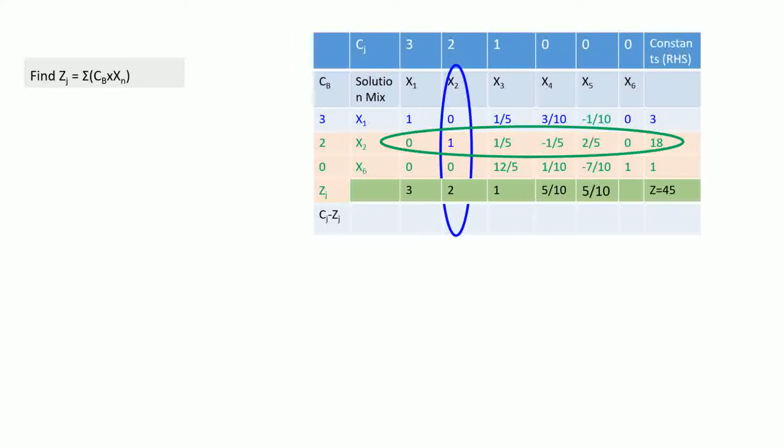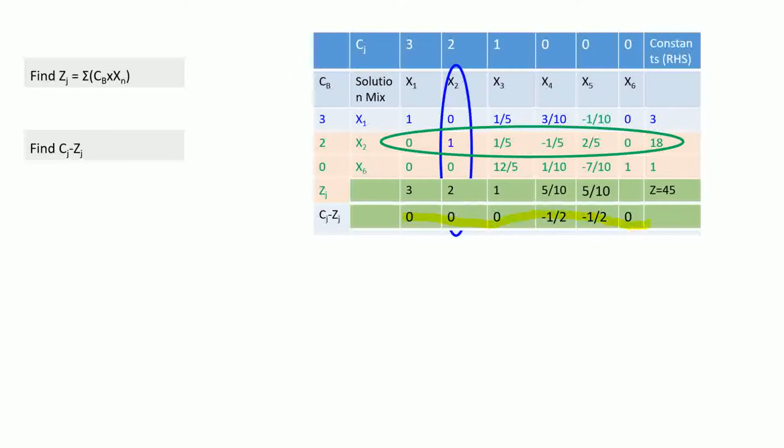So when we multiply 3 times 1 plus 2 times 0 plus 0 times 0, we get 3. 3 times 0, 0, plus 2 times 1, 2, plus 0 times 0 becomes 2. And the same is true, we multiply this with this and add them, we get 1. And we calculate the remaining values like this, and after that we calculate Cj minus Zj. It's simply subtracting the Zj value from Cj, so we get like this.